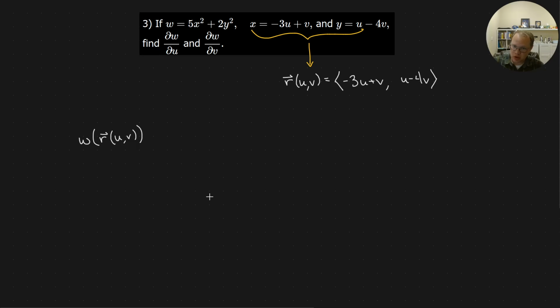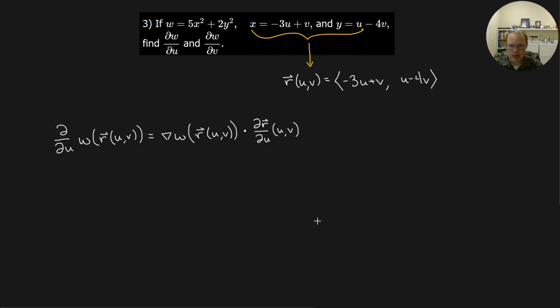But let's do it with the chain rule, and then you can confirm on your own that substitution will give us the same answer. Okay? So let's take the partial derivative with respect to u. According to the chain rule, we would want the gradient of w first, and then plug in our vector valued function into that gradient, and then take the dot product with the partial derivative of r with respect to variable u.